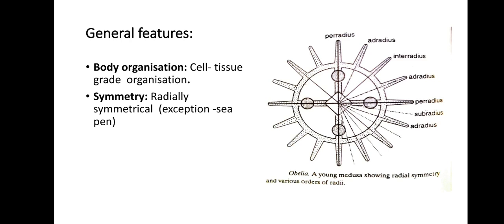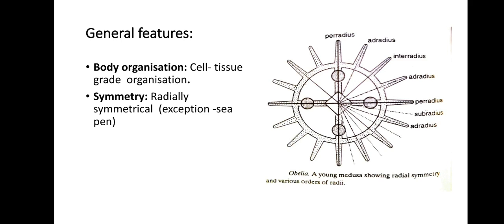Now the general features, if we see them one by one: their body organization is a cell tissue grade of organization. In one of our previous sessions, we discussed the different levels of organization in metazoa. Cell tissue grade of organization is common in Coelenterata. Here we find a very primitive kind of tissue development.